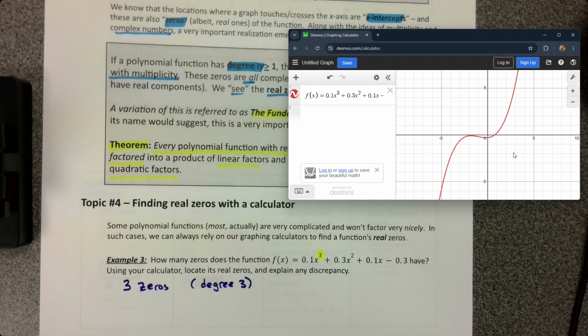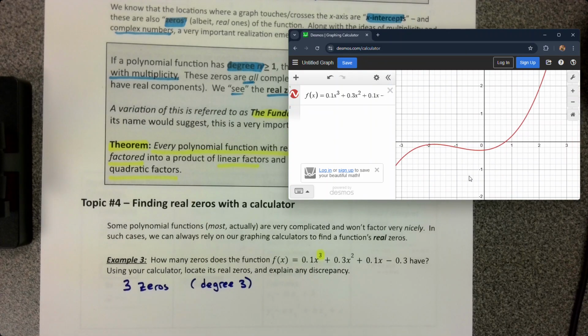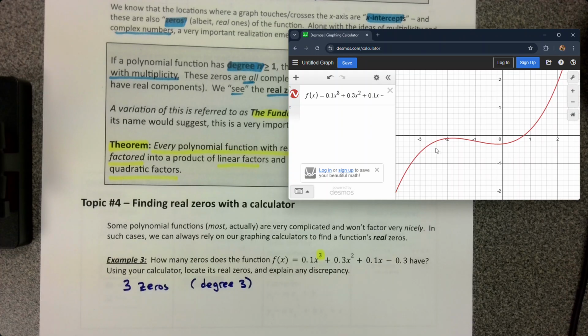Now, when I first looked at it, it looked like it might have a 0 right here, but if I zoom in a little bit, I'm going to see that was a maximum point, not a 0. So the 0 seems to be here. And I don't have any others because a 0 needs to be an x-intercept. I've got a y-intercept and other points along this graph, but I only have one place where it crosses the x-axis.